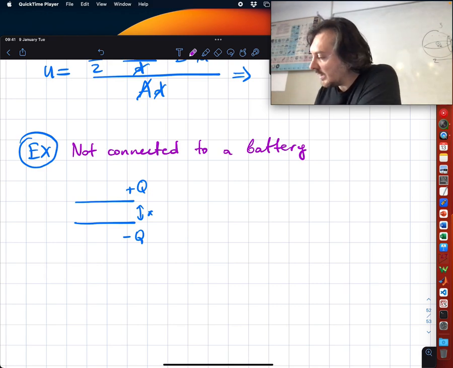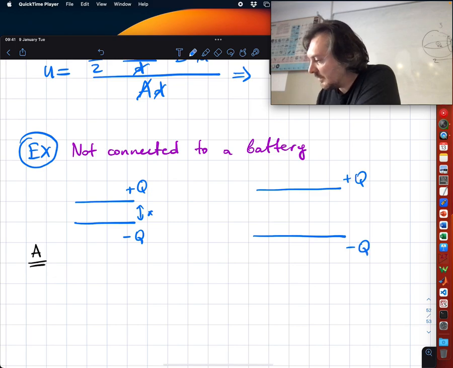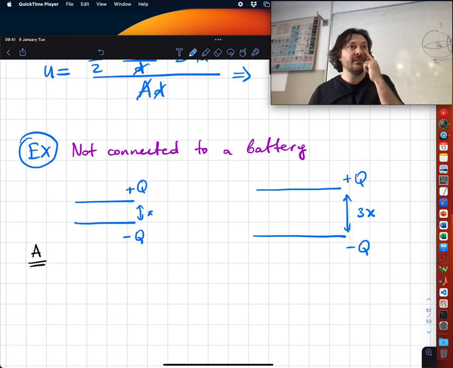What I'm doing is I'm starting from this point A, where the system sits like this, to point B, where it is plus q here, minus q here. So what is the effect of this not being connected to a battery? Q remains the same.